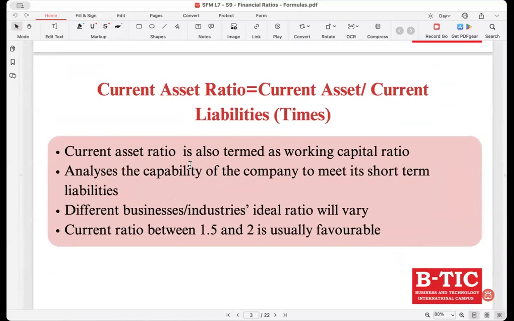I see many assignments, many students, who don't calculate all the formulas. They don't calculate all the financial ratios. They calculate profitability, efficiency, liquidity, done. What about the other two? Debt management, investors. You need to calculate everything. All the formulas that I have given in this slide, you need to calculate for your task 1.